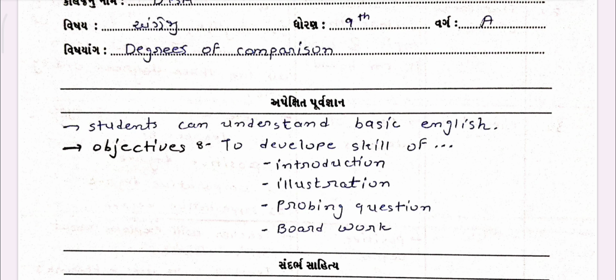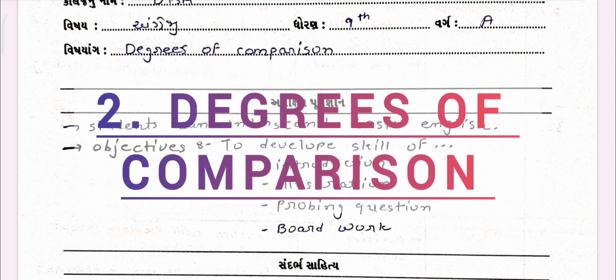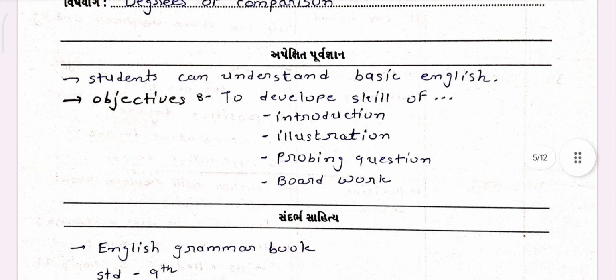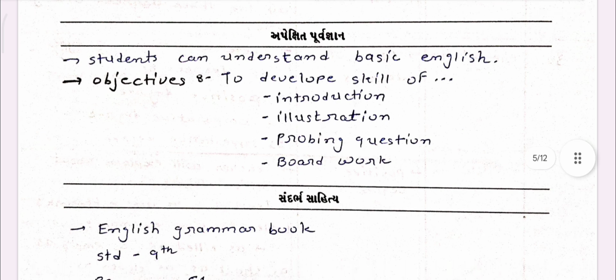In the second lesson plan, I have chosen degrees of comparison as the topic of my bridge lesson plan. In pre-knowledge of students, I have written only one point: students can understand basic English. And in objectives, to develop the skills of introduction, illustration, probing question and board work.